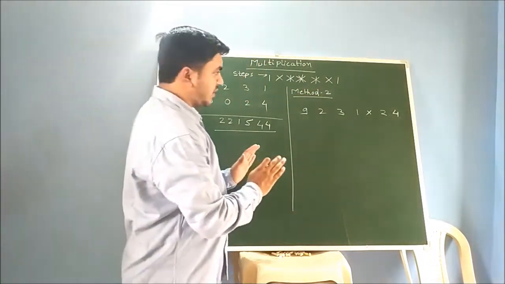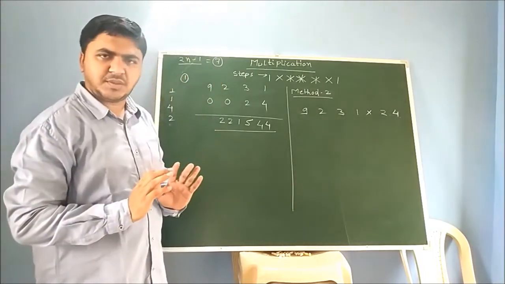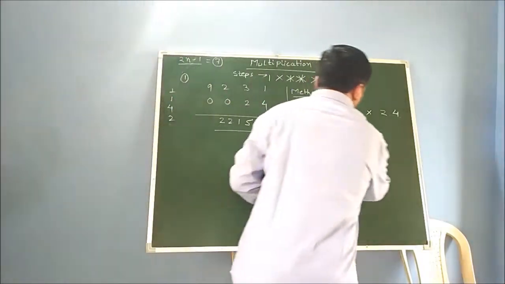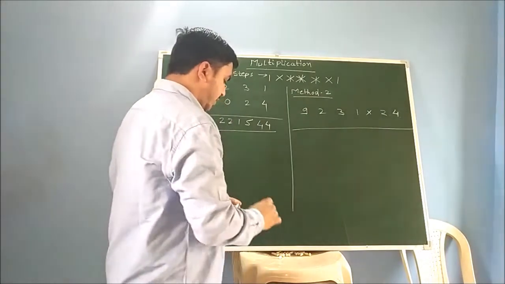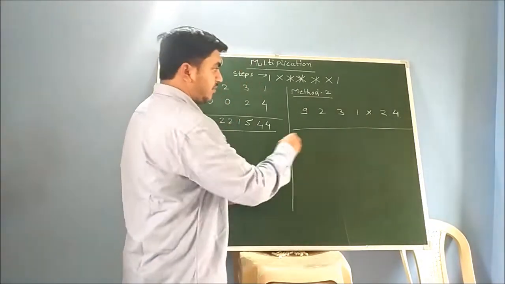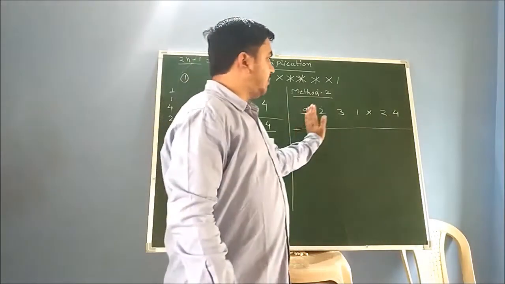Now for solving this particular problem, we will follow simple steps. Again, this problem can also be solved in one step only. For multiplication of this number, we'll write down the numbers side by side.